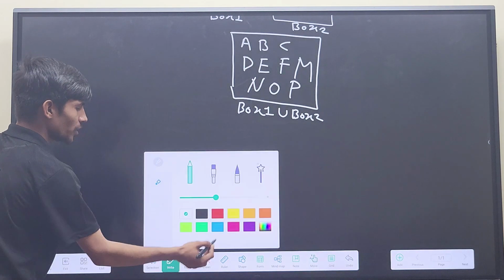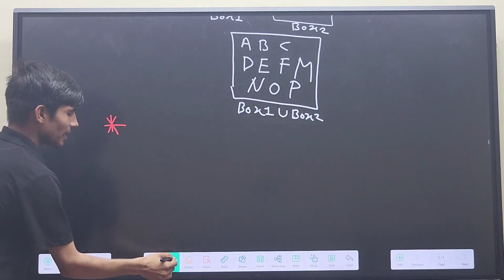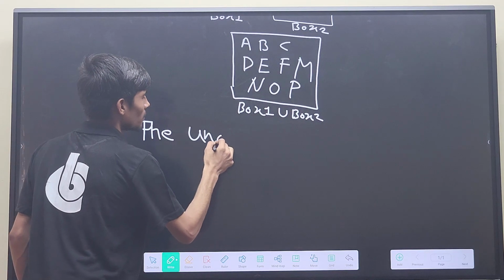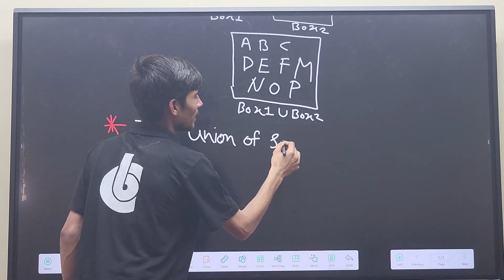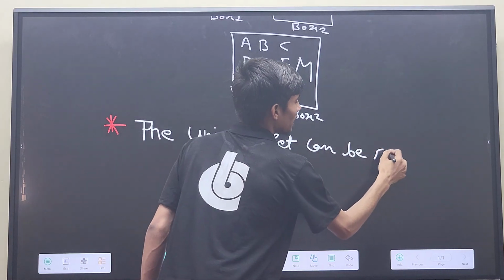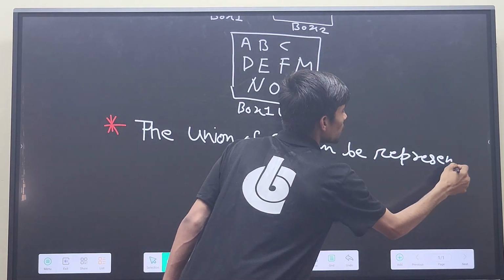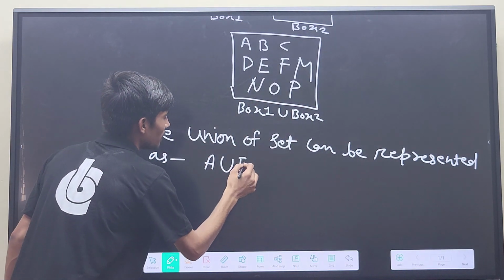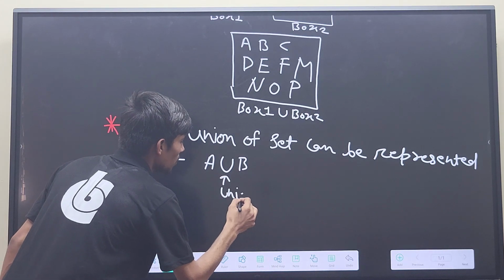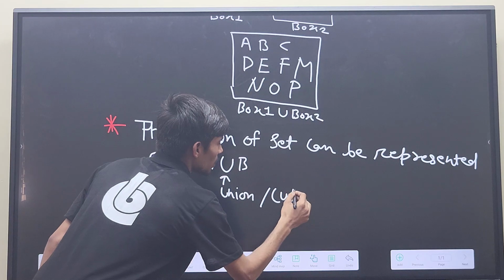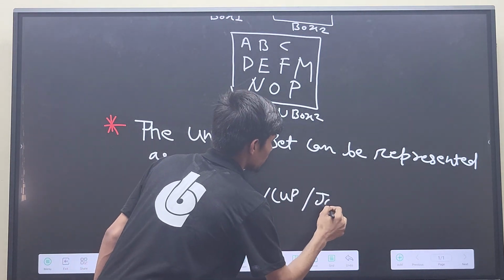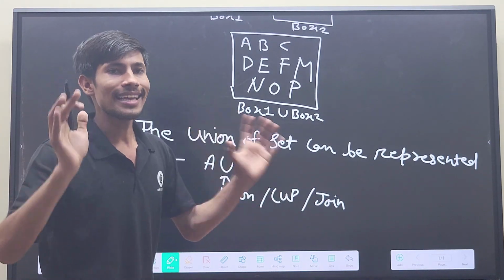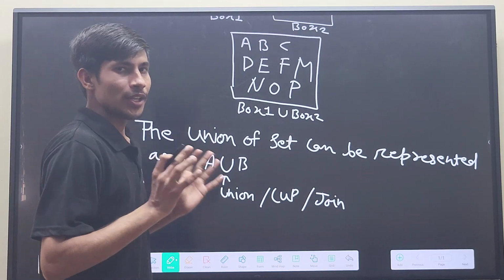It can be represented as A union B. This is called union, or you can say cup. So you can read it as A union B or A cup B. Clear? I hope union is clear.